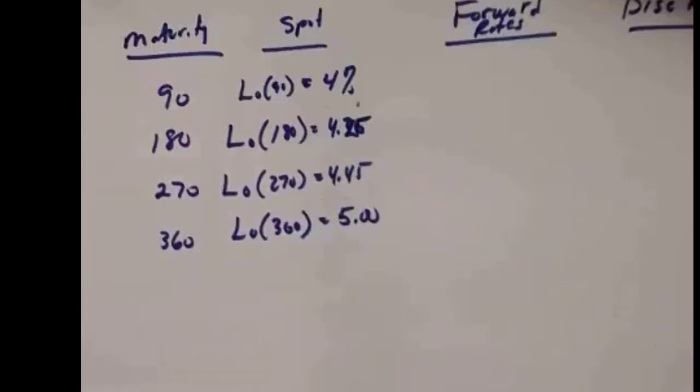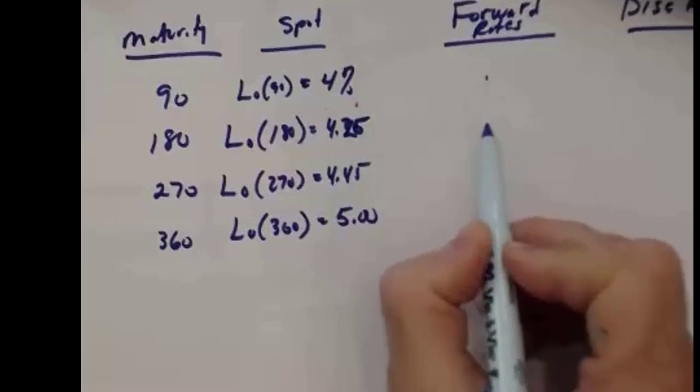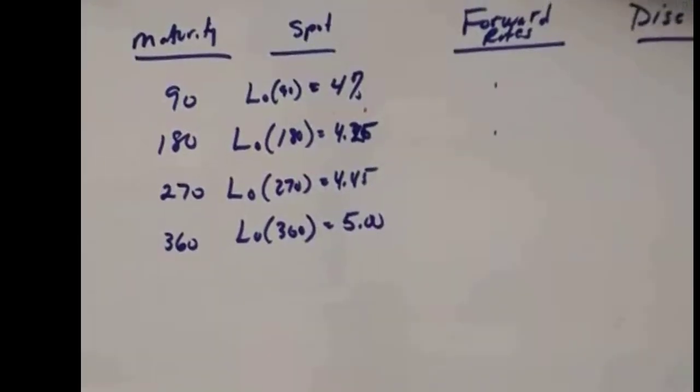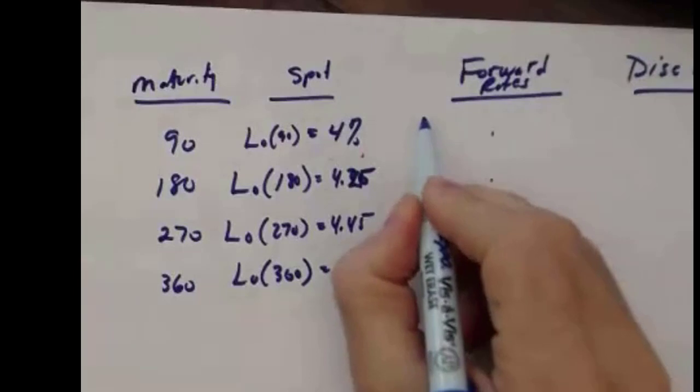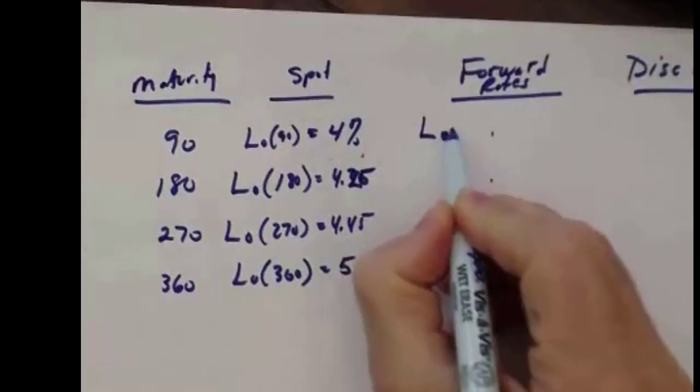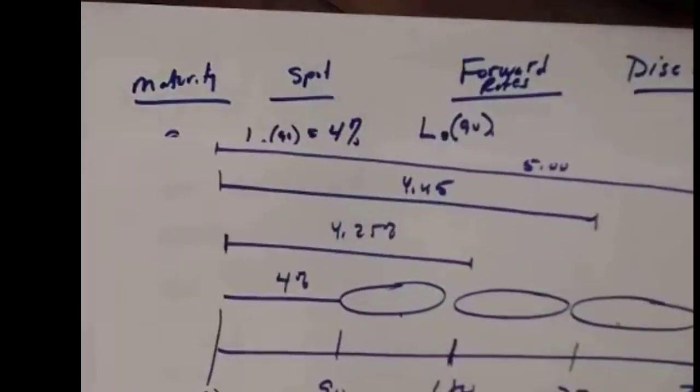Okay, so the forward rates that we're going to calculate, these 4 numbers right here. Now the first trick is really easy. The first forward rate is a trick basically, and what that means is the first forward rate, L0 to 90. Technically, by the way, I told you these are forward rates, and that's true.